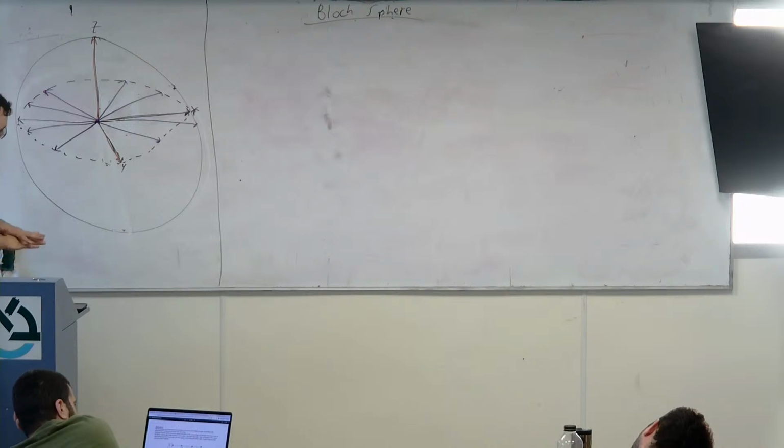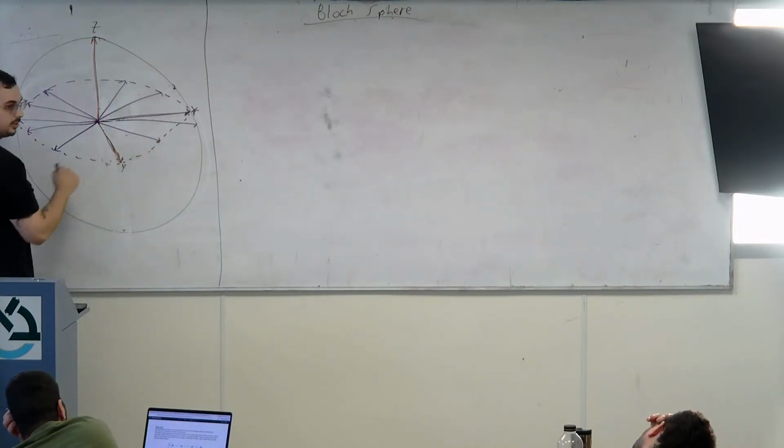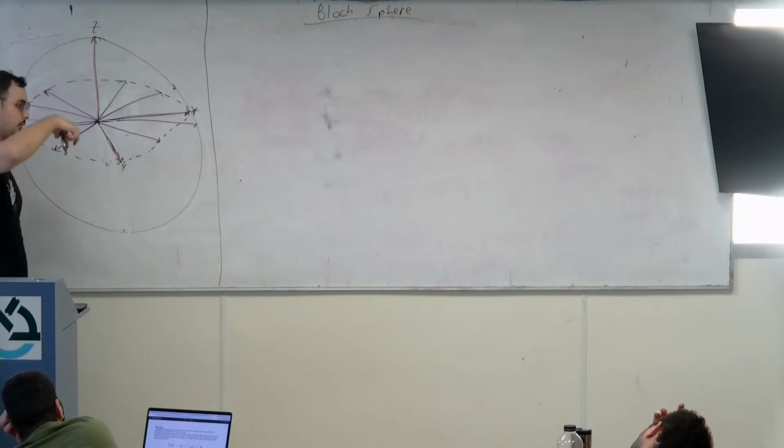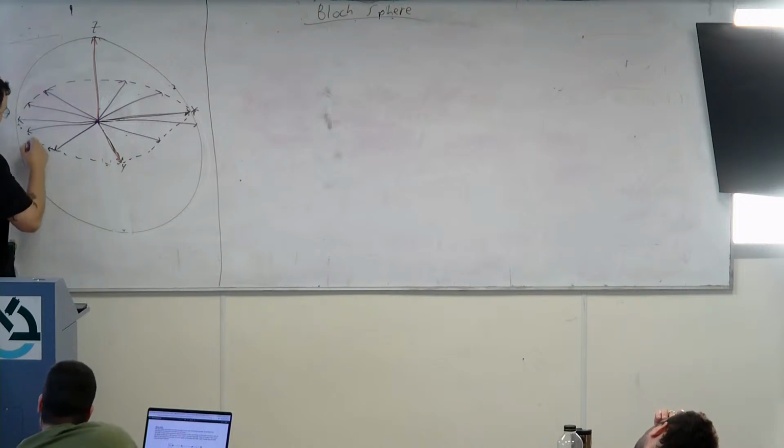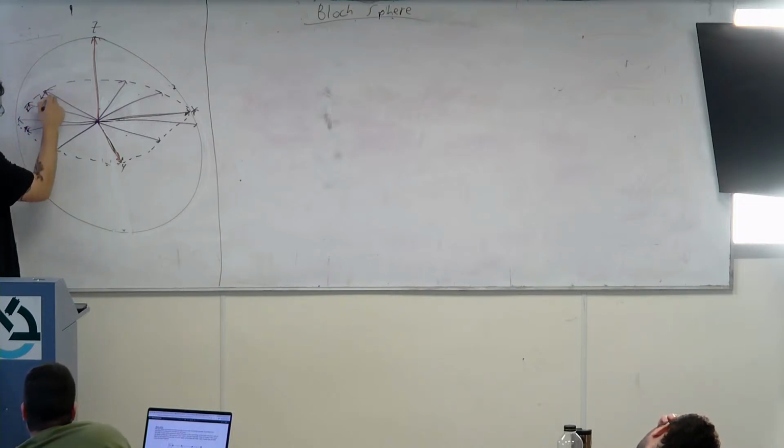But the inhomogeneous sort of expansion in the X distribution will be the same. That means that this one that went, if we're looking from above, clockwise, will still go clockwise. So this one will go the other direction.